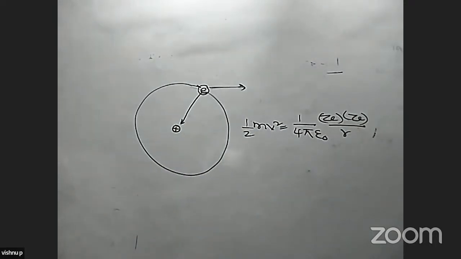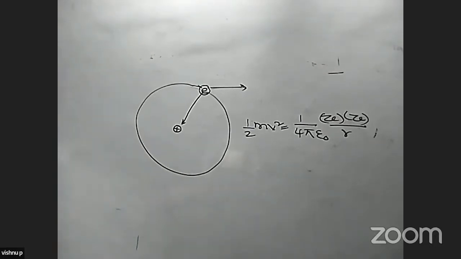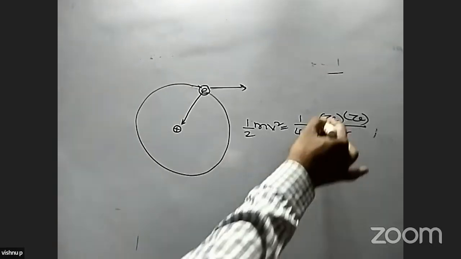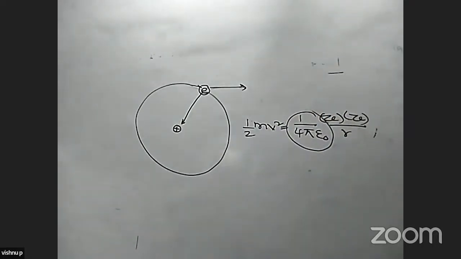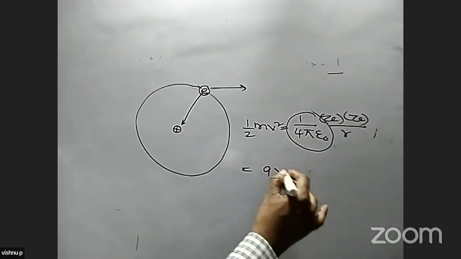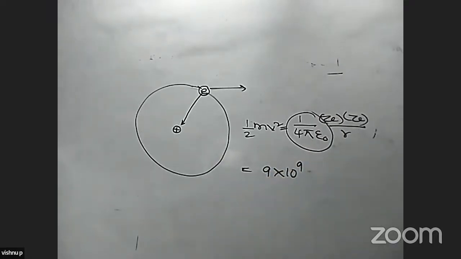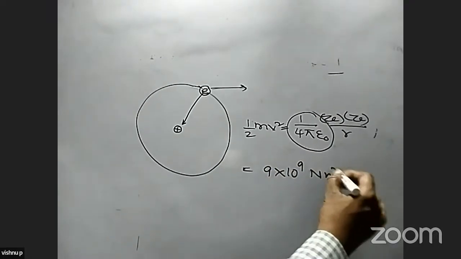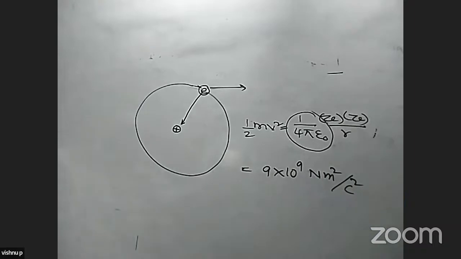So both forces are equal and opposite. That is, the atomic number is equal to the electron charge, and 1 by 4 pi epsilon naught has the value 9 into 10 to the power of 9 Newton meter square per coulomb square. This is the value of 1 by 4 pi epsilon naught.